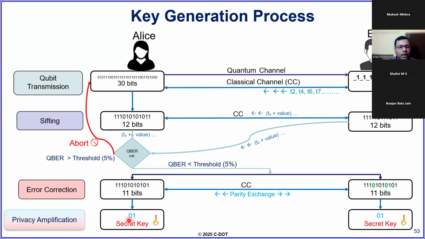This is when we are doing 90% privacy amplification, meaning we are compressing it by 90%. So in DPS we are getting around 2 kbps, and for coherent one way it is around 1 kbps. So that's the key rate. 1 kbps means 1 kilobit of key per second.